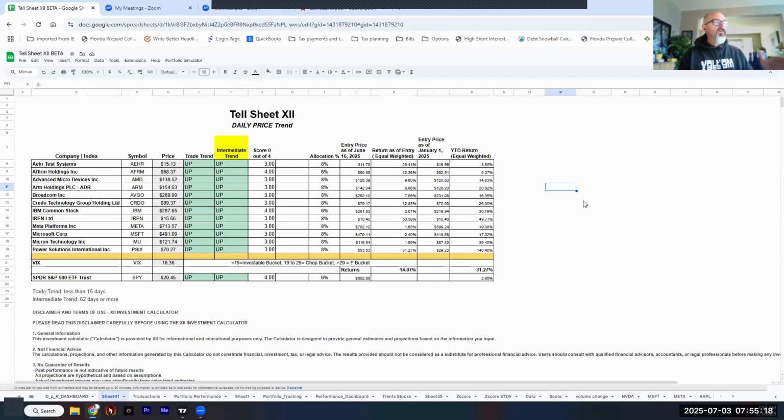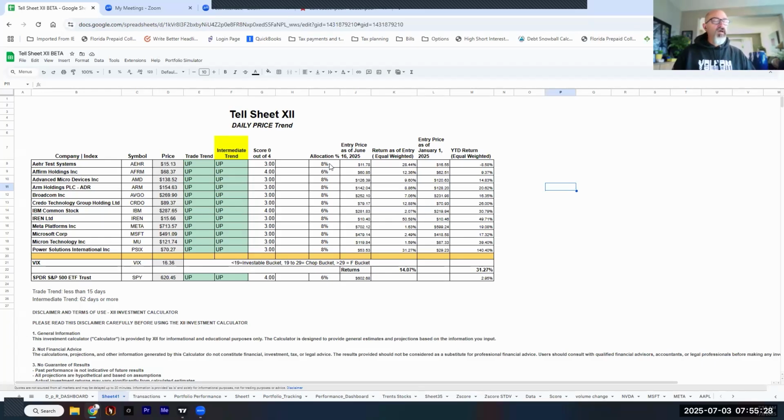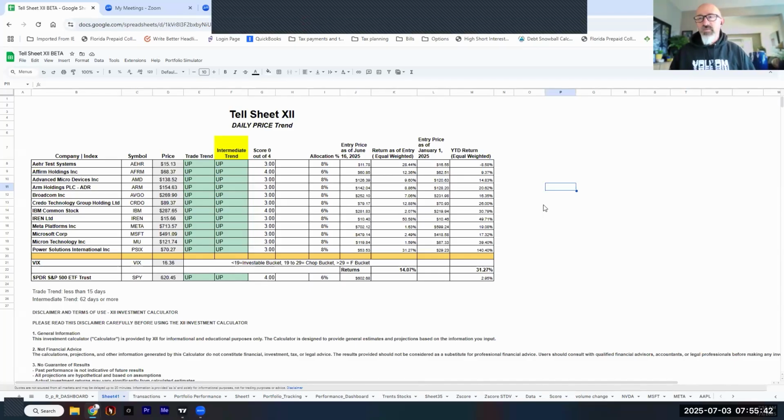As you know, to break down the scoring a little bit, you'll see that a score of 3 actually gets a full allocation of 8%. A score of 4 gets an allocation of 6%. Why the difference? You would think if the score goes up higher, you would get a bigger allocation. This is part of the risk management process.